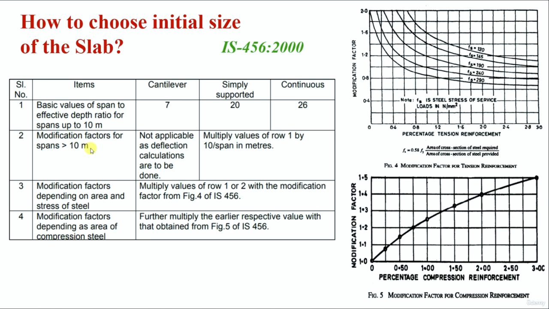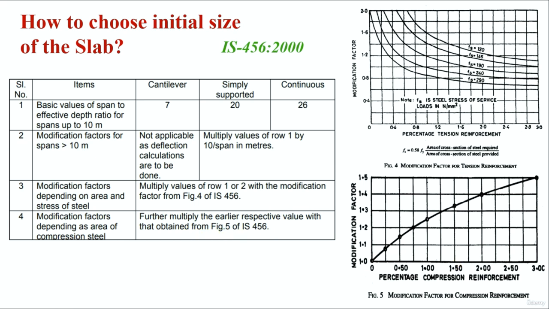If the span is greater than 10 meters, we have to multiply these values by 10 by span in meters. Modification factor depending on area and stress of steel: multiply the values with the modification factor from figure 4 of IS 456. Modification factor depending on area of compression steel: further multiply the earlier respective value with that obtained from figure 5 of IS 456-2000.